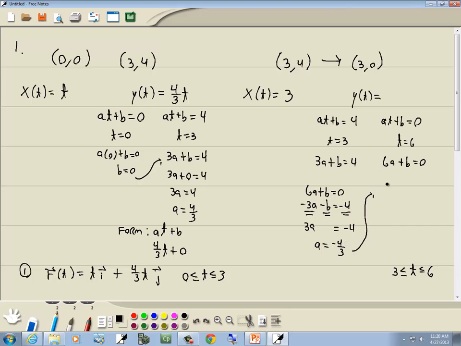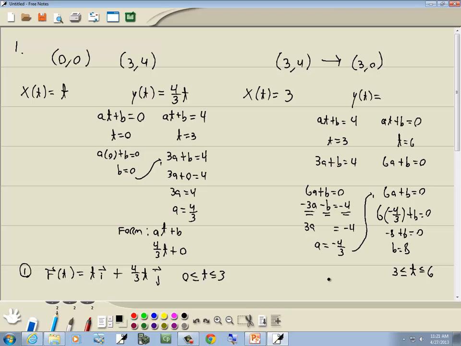Now we need to find what b is. So I'll plug it into one of my equations. Doesn't matter which one. I'll do this second one. So we have 6a + b is equal to 0. We just said a was -4/3, so I'll plug that in for a. That gives us -8 + b is equal to 0, or b is equal to 8.